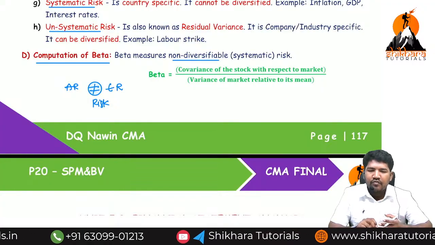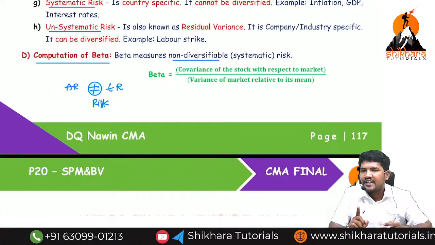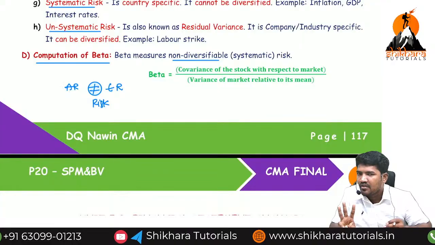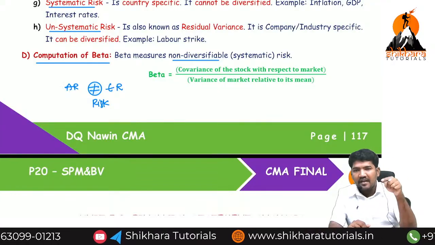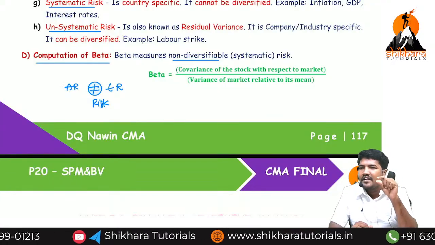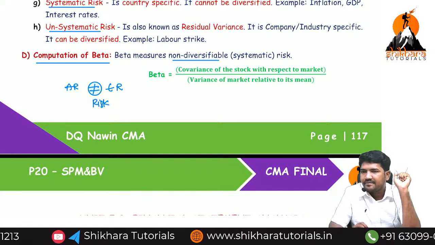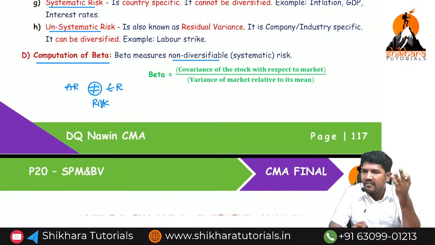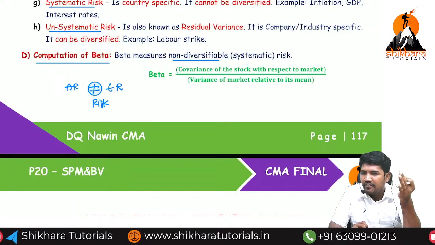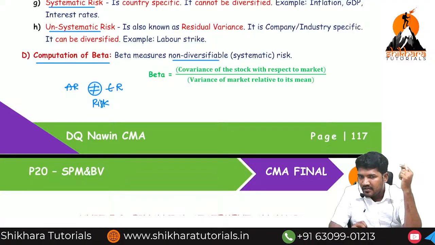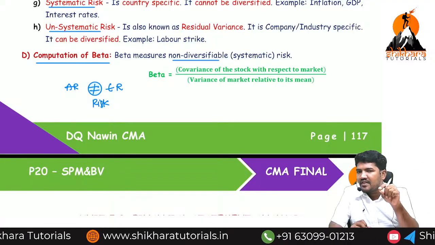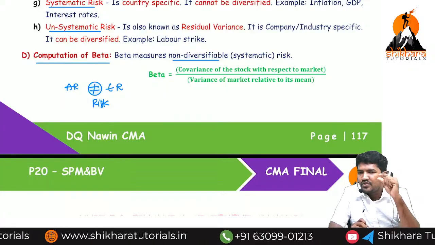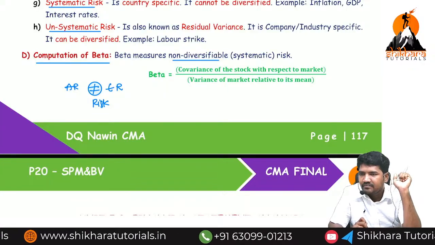From a total risk point of view, we use standard deviation, variance and coefficient of variation for calculation, three elements. When it comes to specifically systematic and unsystematic risk, beta is the measuring tool for systematic risk. Are you okay?